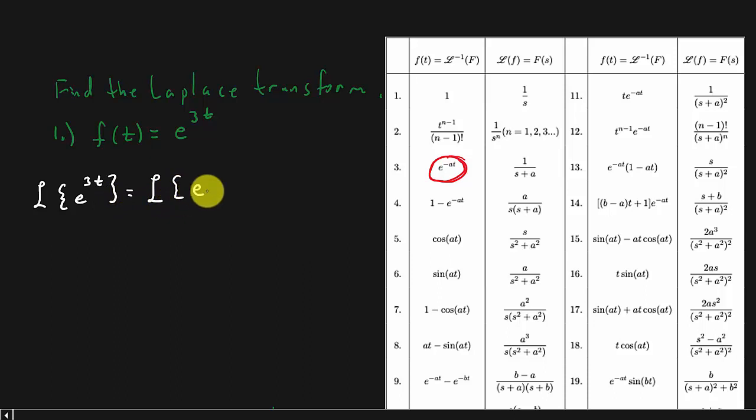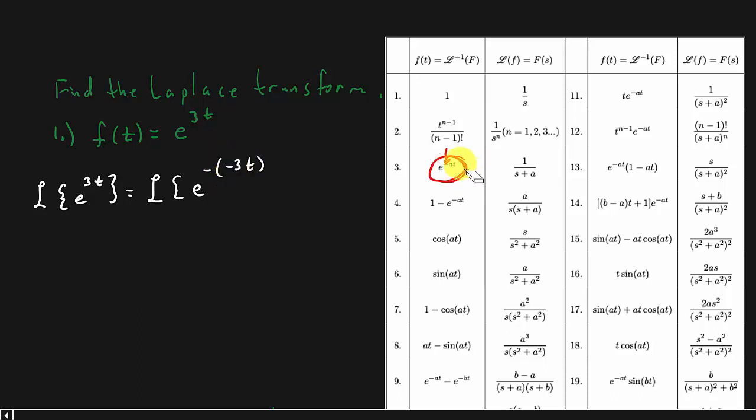of e to the, okay, we're going to write this as negative 3t. So what I needed to do here is get that negative sign in there, which is this one right here. And since we have a positive 3, the negative and negative make a positive. And so now in this problem, you can see that a is negative 3.